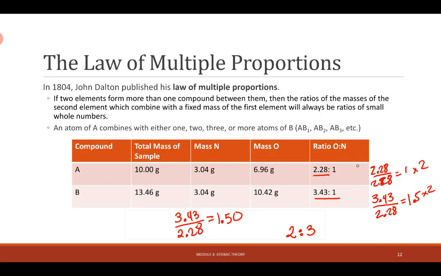So between these two compounds, that's your 2 and that's your 3. And so that's saying that for every 2 atoms of oxygen in the first compound, you're going to have 3 atoms of oxygen in the second compound for the same amount of nitrogen.